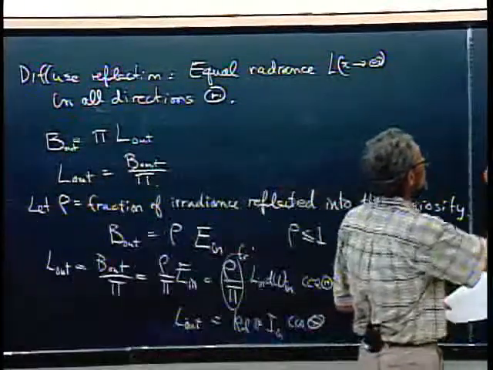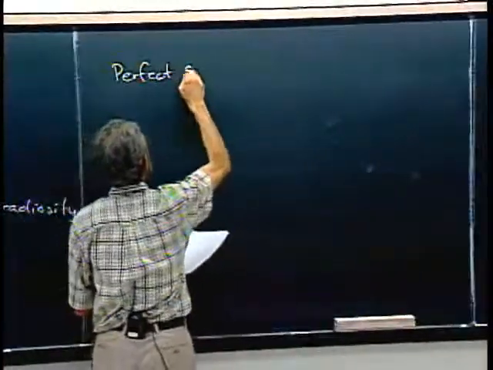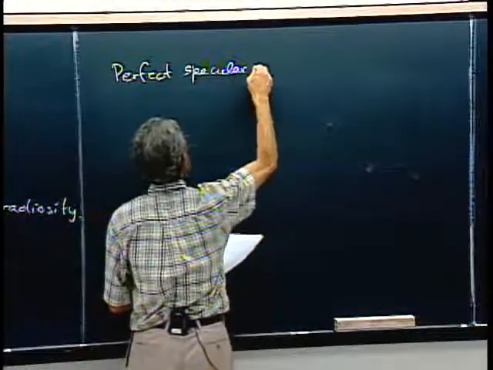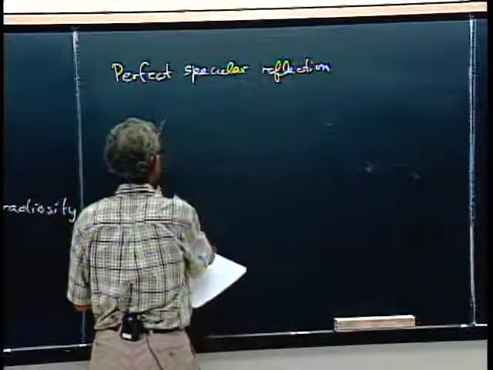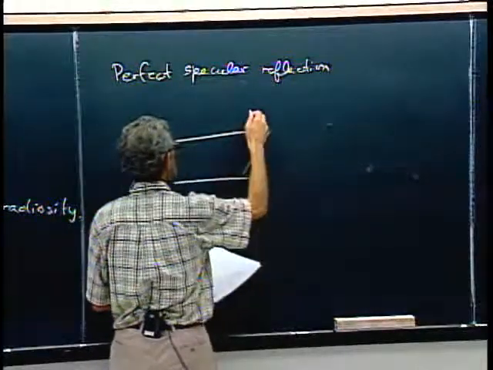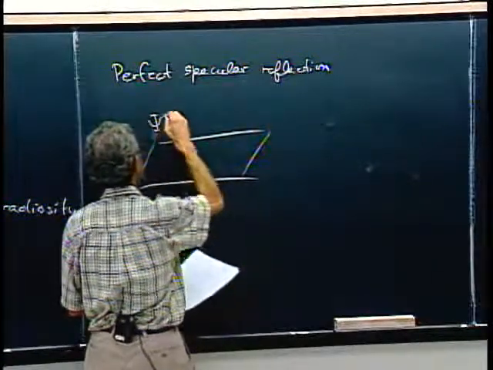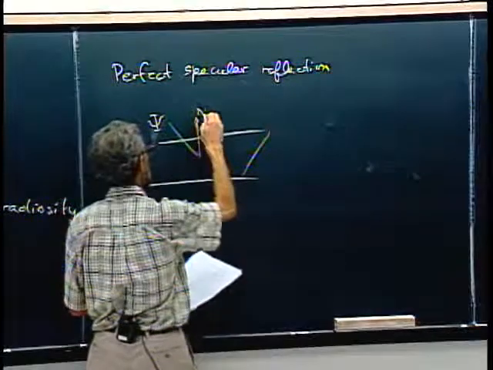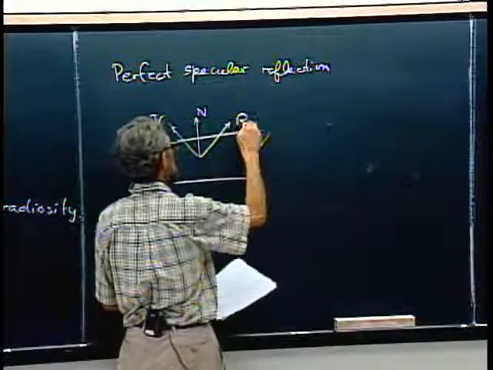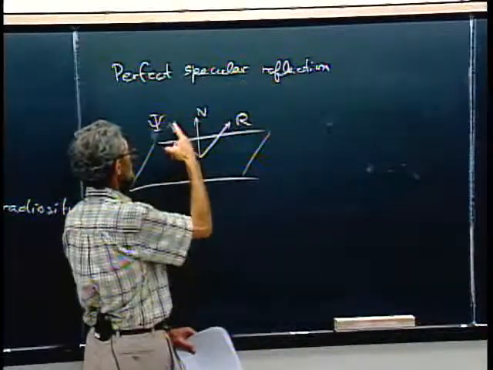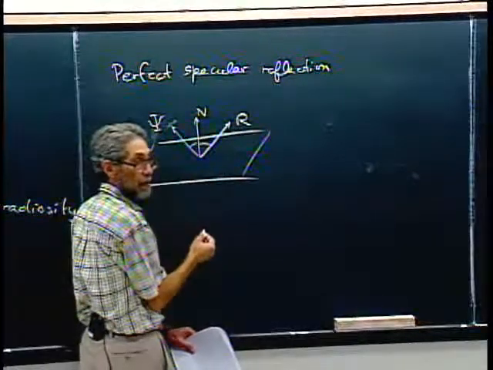Okay, so now I'll talk about perfect specular reflection. Here we have the surface, and light is coming in this direction from some point C. And here is our surface normal. The perfect reflection direction is in the same plane as C and N, and makes this angle equal to that angle.